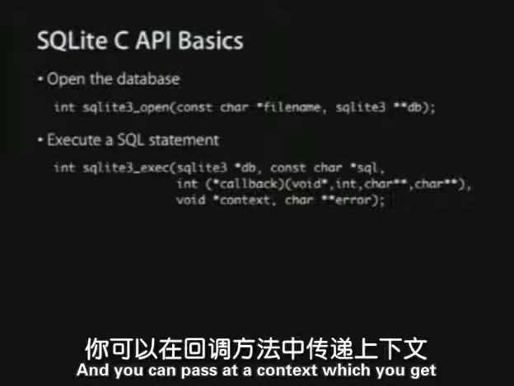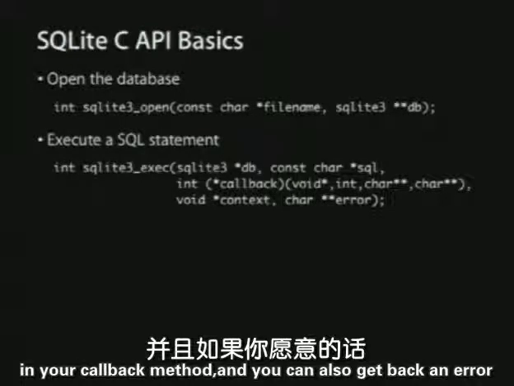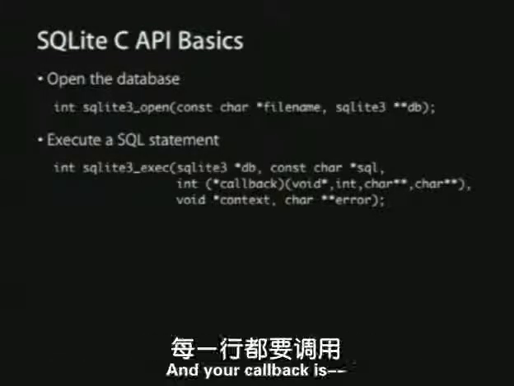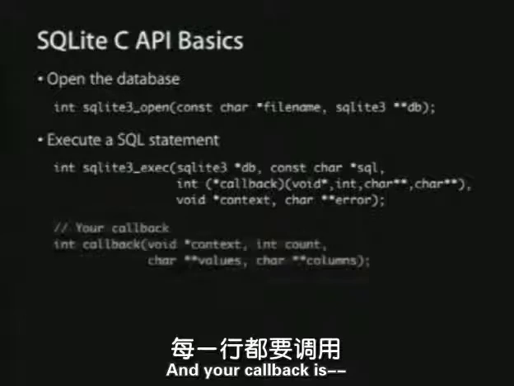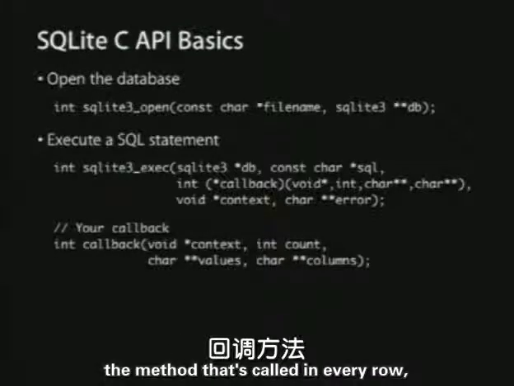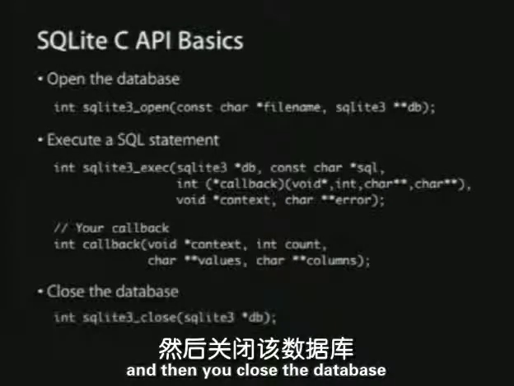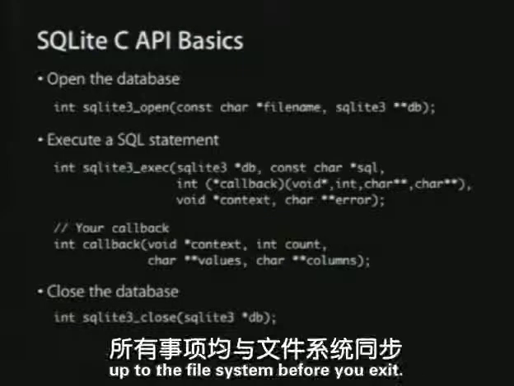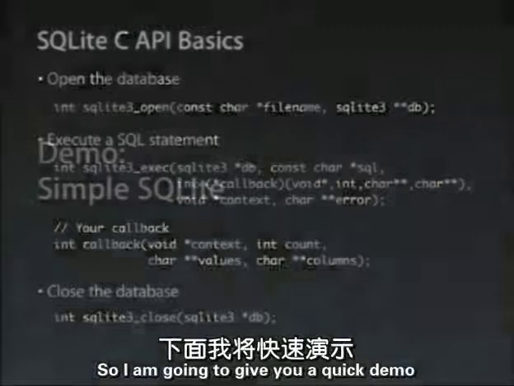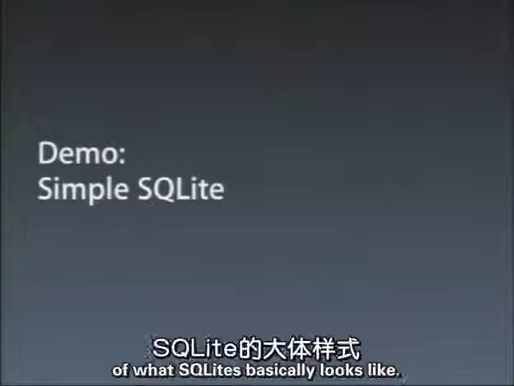And you can pass it a context, which you get in your callback method, and you can also get back an error if you want. And your callback is the method that's called on every row. And then you close the database to make sure everything is synchronized up to the file system before you exit. So I'm going to give you a quick demo of what SQLite basically looks like.